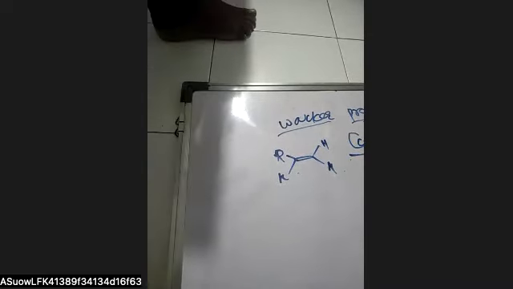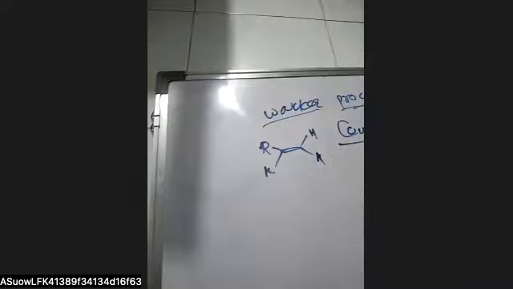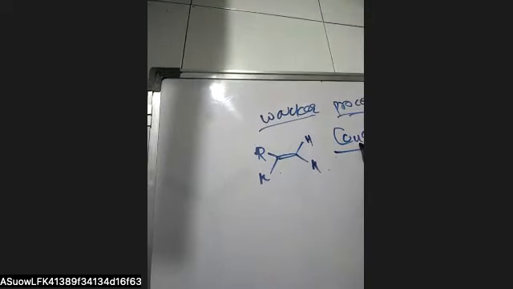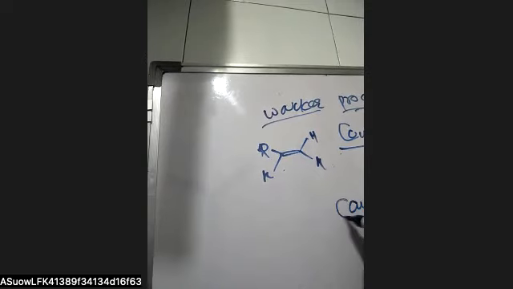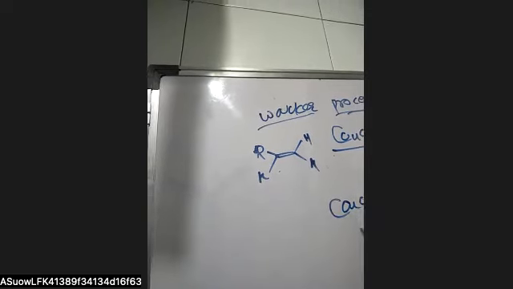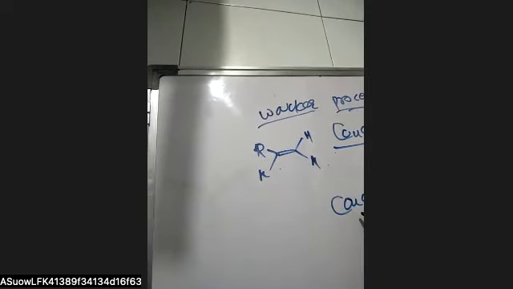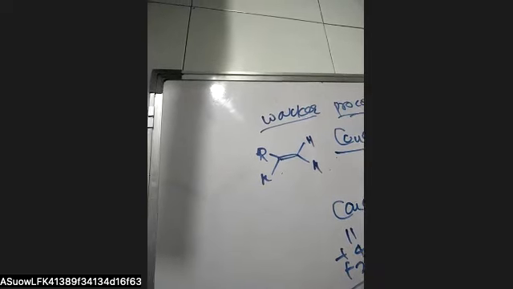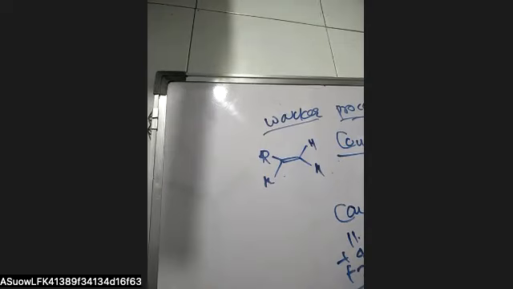So here we can see this copper in CuCl4 2 minus: 9 plus 2, that is 11 electrons, plus 4 plus 2, 15, 16, 17 electrons.